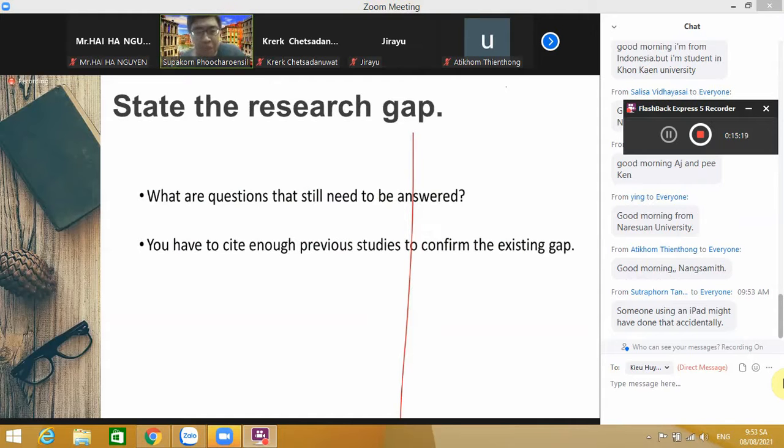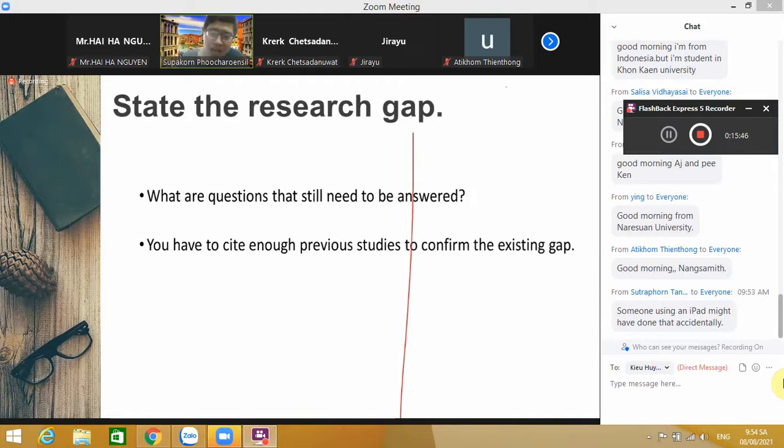This is very important. After you have reviewed the literature, right, you are expected to state what questions you are trying to answer, right? What are the research questions? How many of them? What are they? And you have to cite enough previous studies to confirm the existing gap, right? So, to let the readers know that you did quite a good literature review, you have to cite a lot.